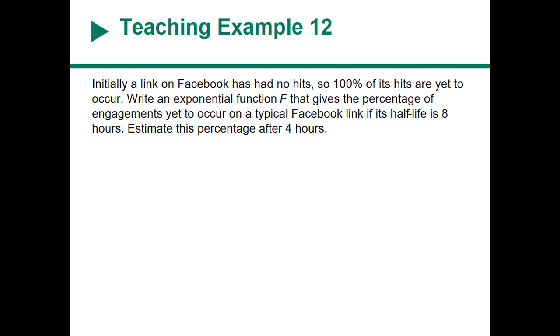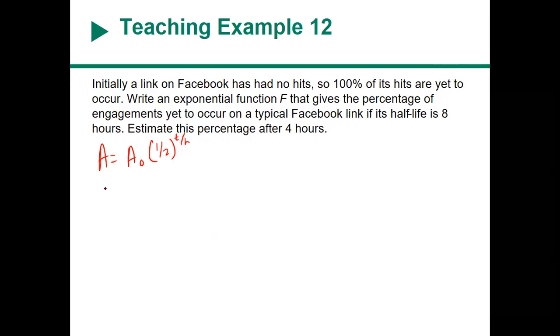So first thing, what was the half-life formula? A equals A sub 0 times 1/2 to the T over my half-life, right? I think that's what I wrote. We're starting off with the initial, and in this case, initially we're at 100%, right?